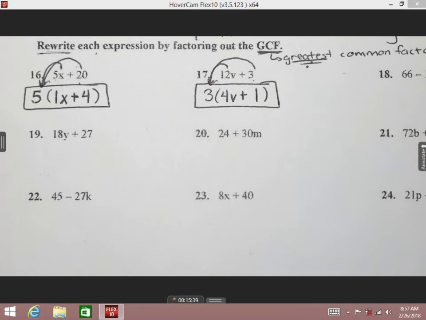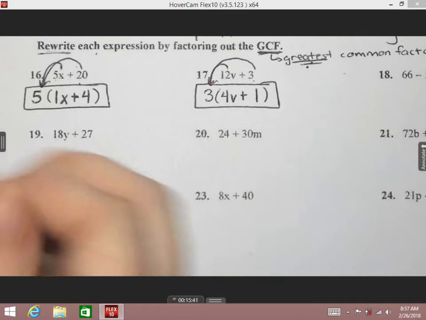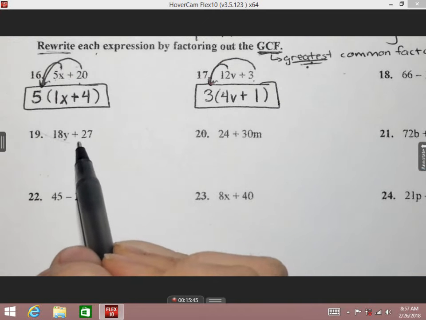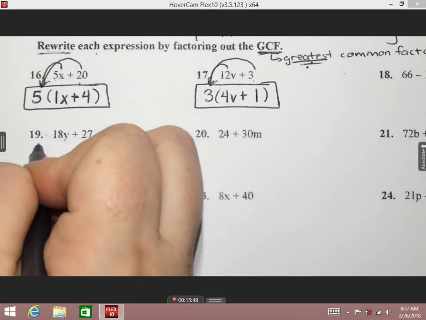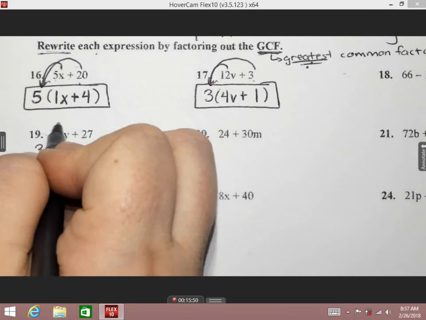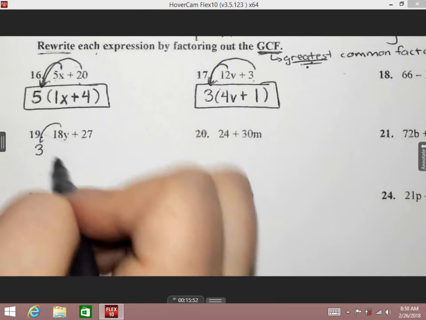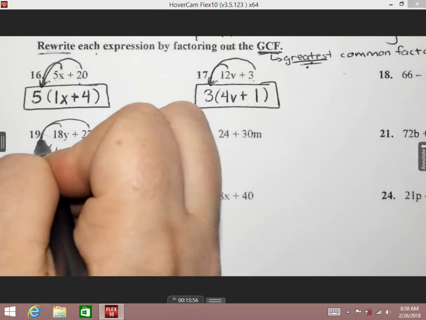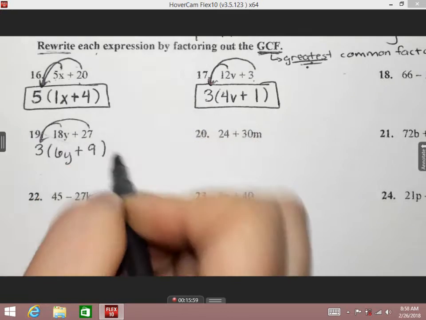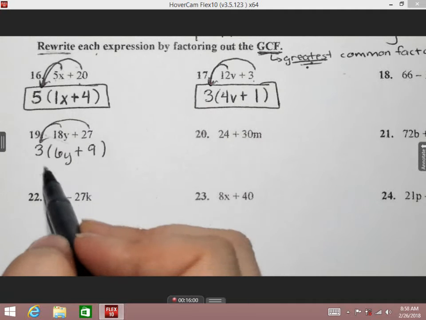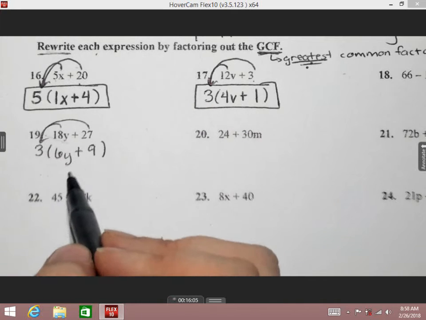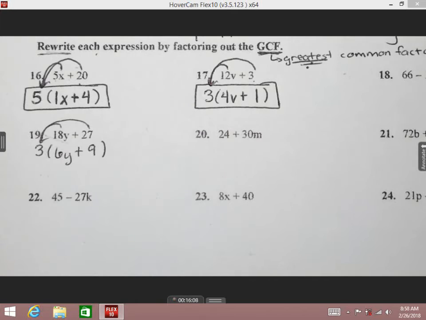So let's see what would happen if that happened. Let's say I picked 3. Will 3 go into 18? Will 3 go into 27? Yeah. So if I pick 3, 18 divided by 3 is 6. And 27 divided by 3 is 9. Let's look at 6 and 9. Is there still a number that will go into 6 and into 9? Yeah. It's like fractions, we're trying to simplify.